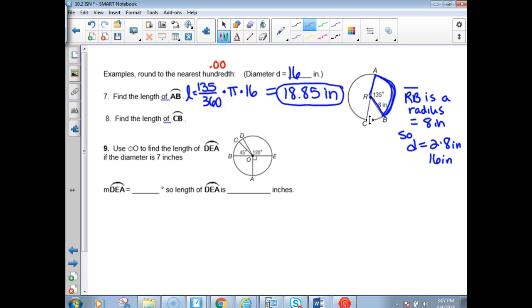All right, now I'm going to find the length of arc CB. Arc CB, I have to figure out that angle measure. Well, AC is a diameter, so I'm going to just go 180 minus 135, and that's going to be 45 degrees. So now I'm going to do 45 out of 360 times pi times 16 to find that length.